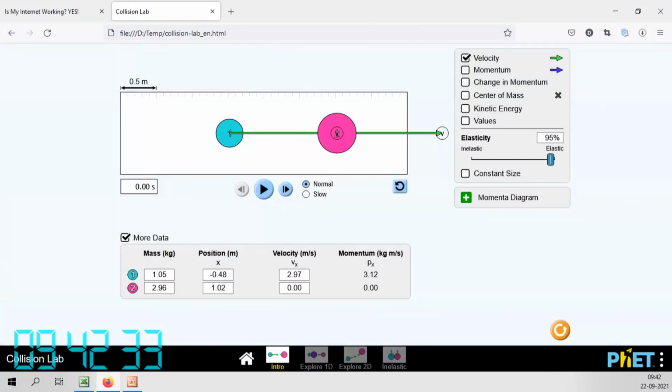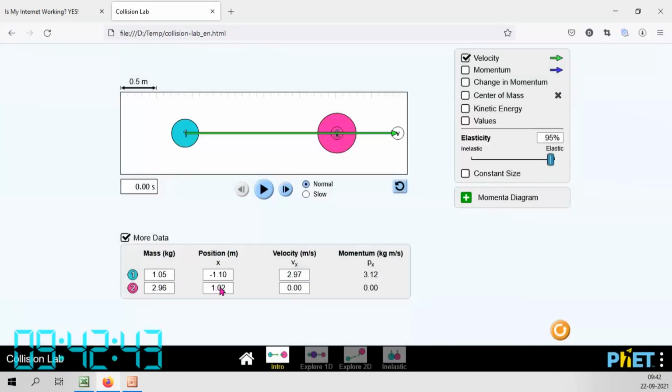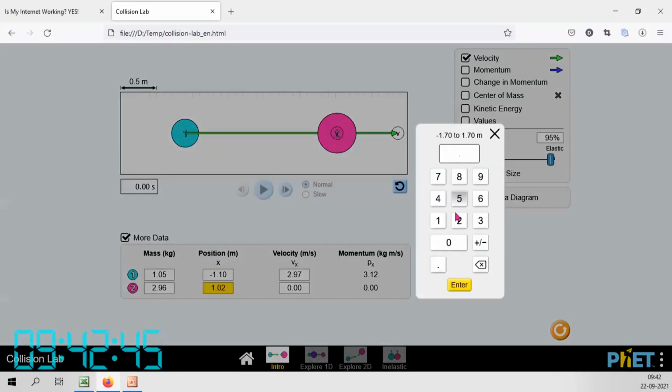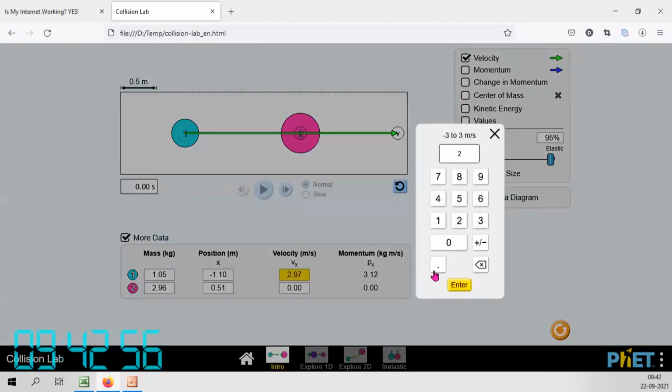Position is minus 1.5, minus 1.1, 0.51. Initial velocity is 3, 2.96.